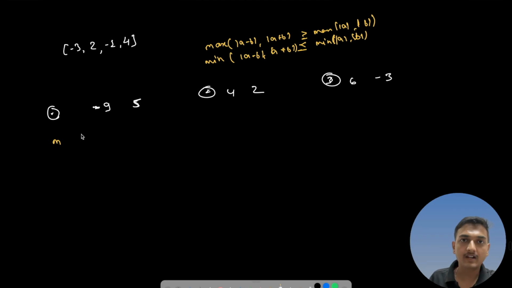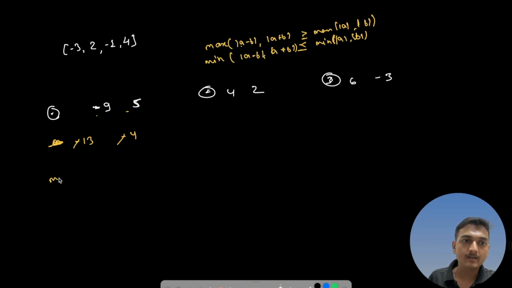Let's try to apply this. If I do a minus b, minus 9 minus 5, what is the answer? Minus 14, hmm, I think minus 13. Okay, and the absolute value will be positive; this is basically the difference. And if I calculate the sum, minus 9 plus 5 is minus 4, and the absolute value is 4. Super. So what is the maximum of this?